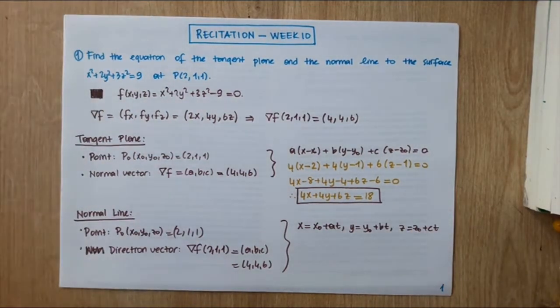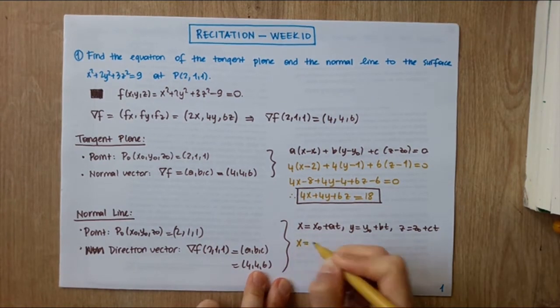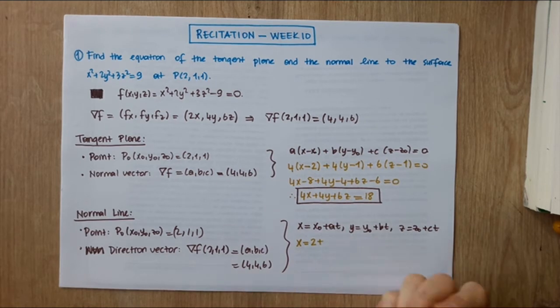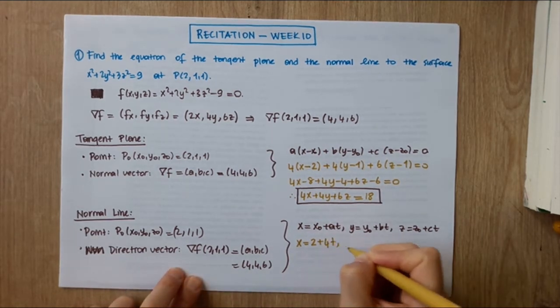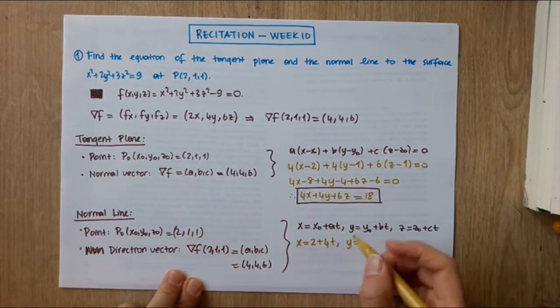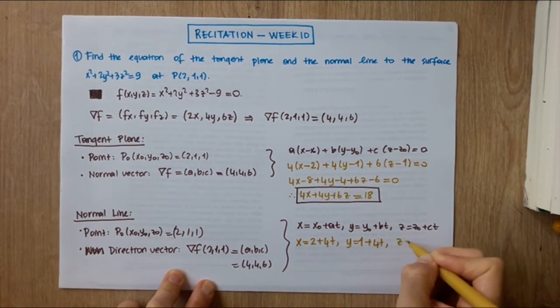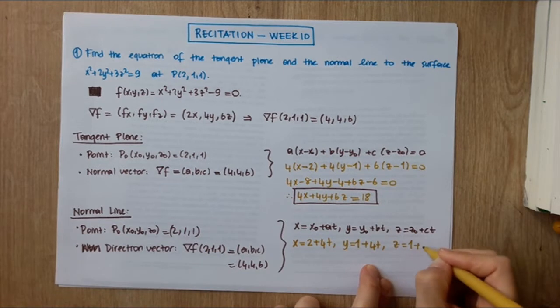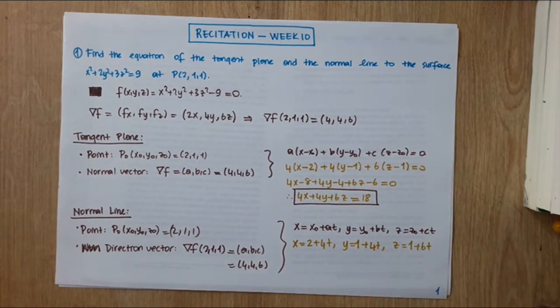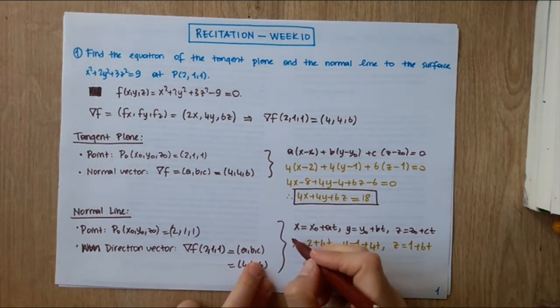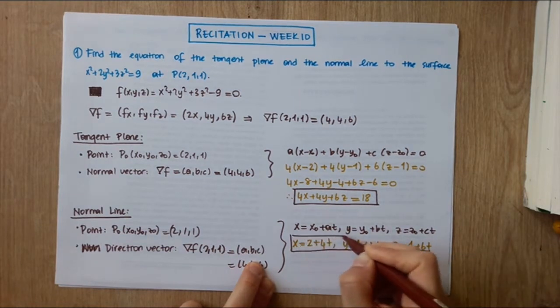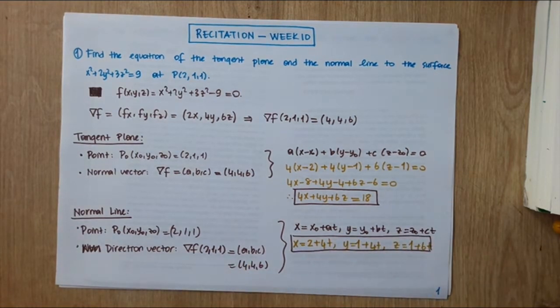So using this formula, I can obtain the result. x0 is 2 plus a is 4, so 4t, y is y0 here, which is 1, plus b is 4, so 4t, and z is z0, which is 1, plus 6t. Okay, these are the parametric equations for the normal line of the surface at the given point.